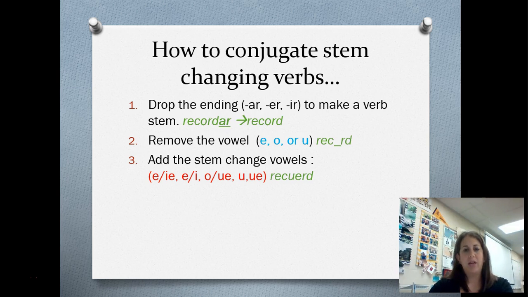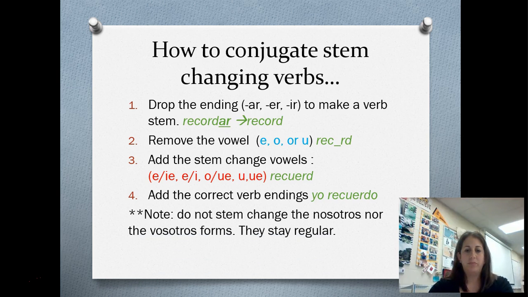In this case, like I said, recordar is an O to UE stem changer, therefore we're going to add that UE in the middle. And then finally, we're going to add that correct verb ending. So for example, if we want to go in the yo form, then we're going to add an o. So yo recuerdo. Please note that our stem changers do not have a stem change in the nosotros nor the vosotros form. That stays regular, just like we would conjugate regularly.